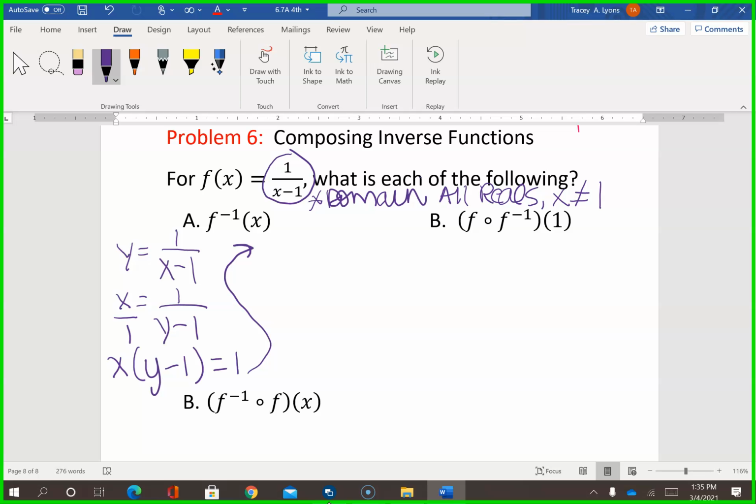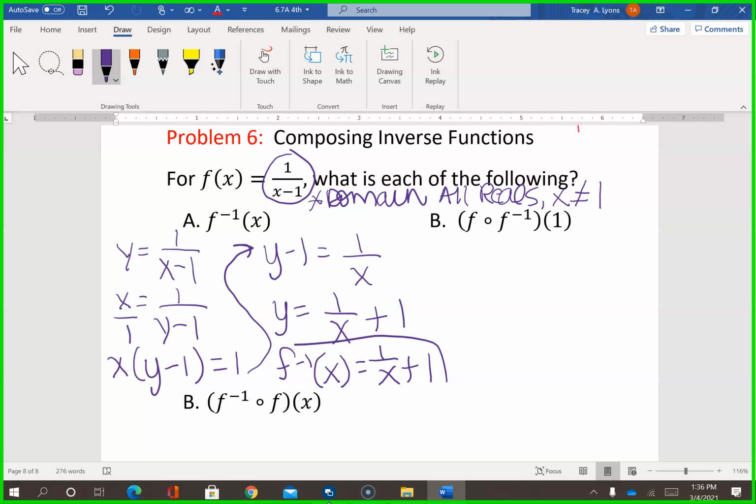I'm going to divide it right away because then I can get rid of it and I wouldn't have to do that distributive property. So then I have y minus 1 equals 1 divided by x. And the last thing I need to do is add 1 to both sides. And then I turn it back into function notation. And that is it.